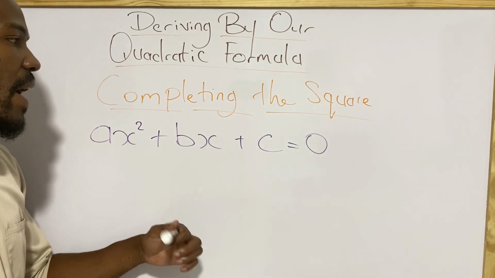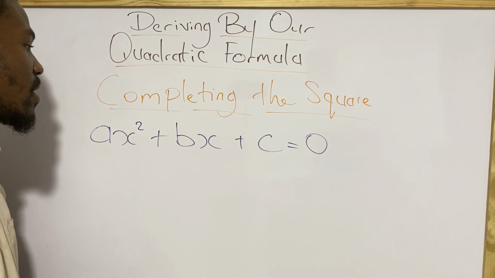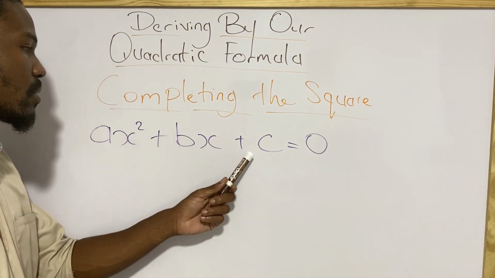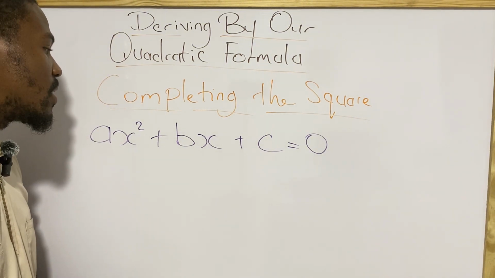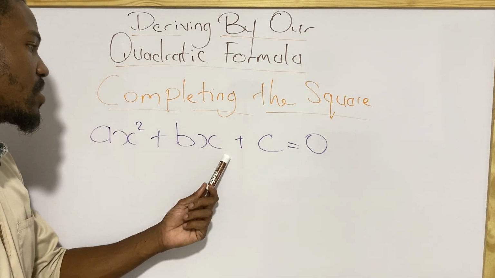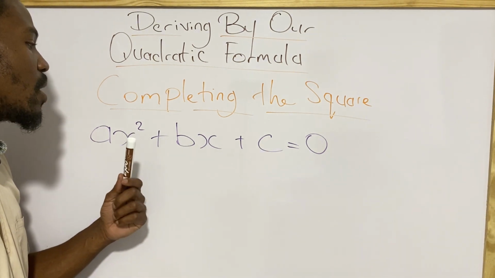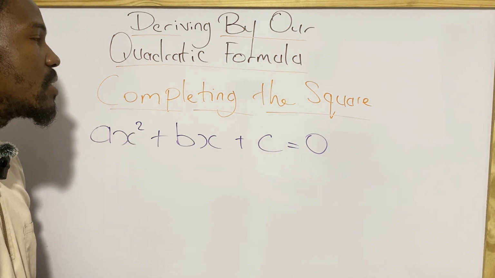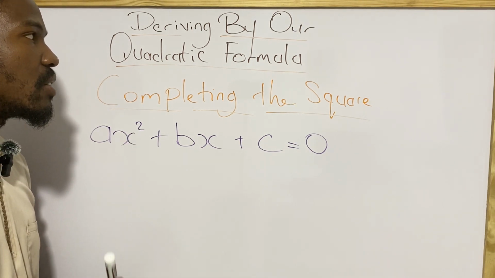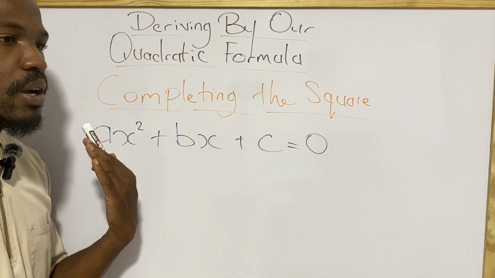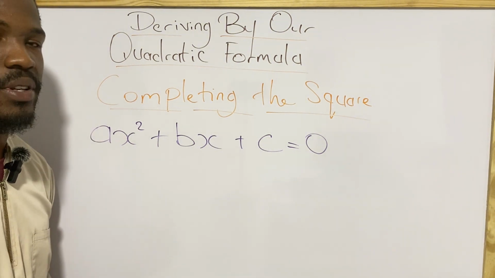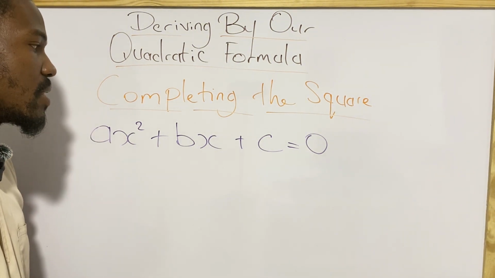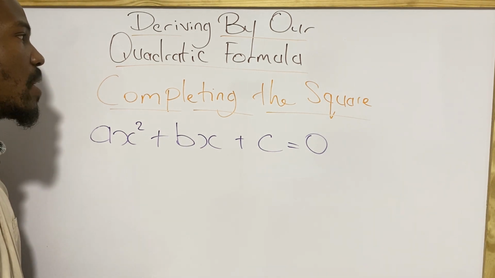If we look at our equation, we'll see that in a quadratic equation the highest index is literally a square. So when you hear the term quadratic, you're talking about a squared expression. That's the basic thing I want to explain.